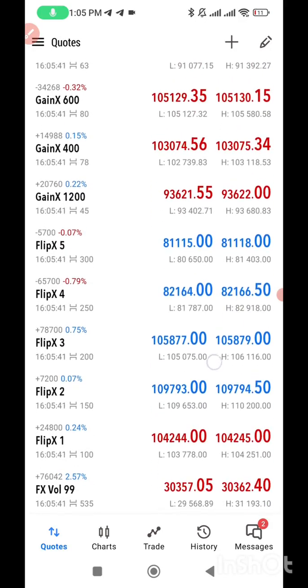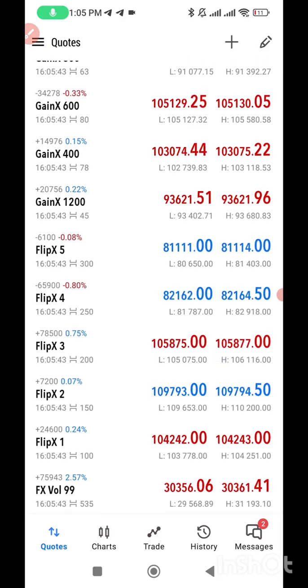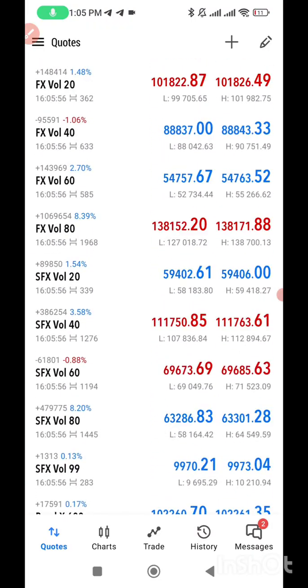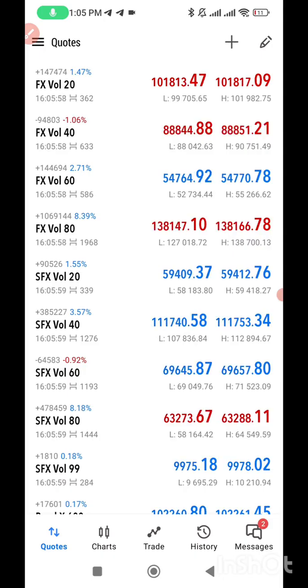Now the red, the Flip S4 is selling at minus 0.8%. Okay, we can take it to be approximately 1%. We also have FSVO 40 selling at minus 1.06%.